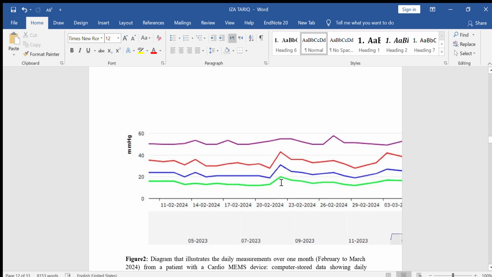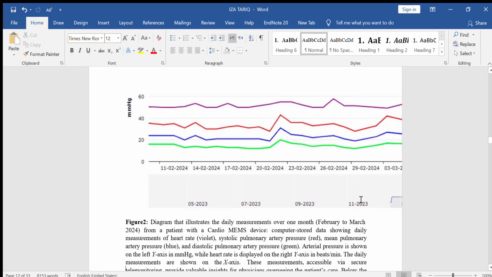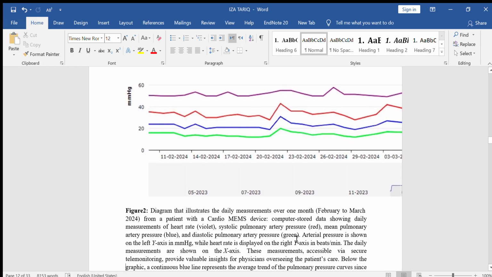The green line represents the pulmonary artery pressure, heart rate, and diastolic pulmonary artery pressure. The red line represents the pulmonary artery pressure of the patient, and the green line is the diastolic artery pressure.